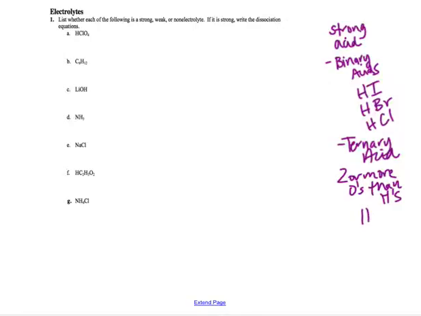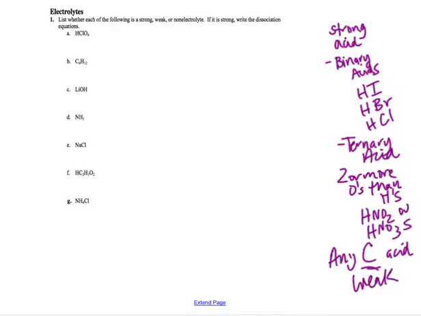So for instance, if we have HNO2 versus HNO3, HNO2 only has 1 more O than H, so this is going to be weak. This one has 2 more O's than H's, 2 or more, so it's strong. And any acid with a C, any carbon anywhere in the acid, makes it a weak organic acid. Okay? So if there's a C in it, don't even look at the O's. It's weak.